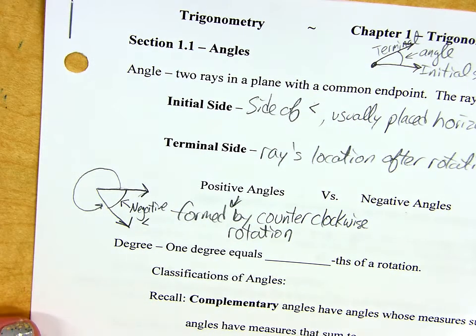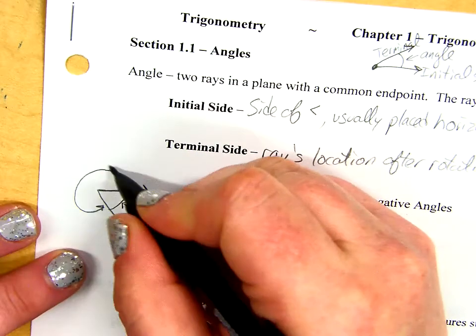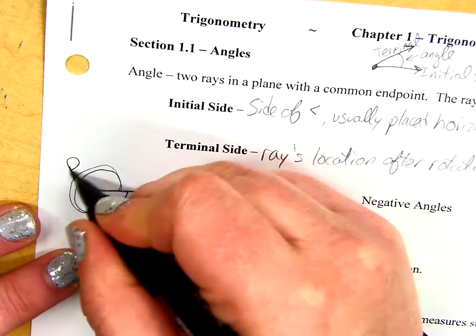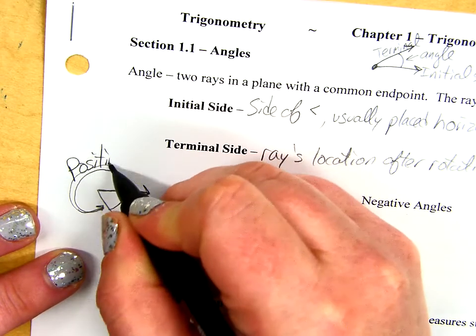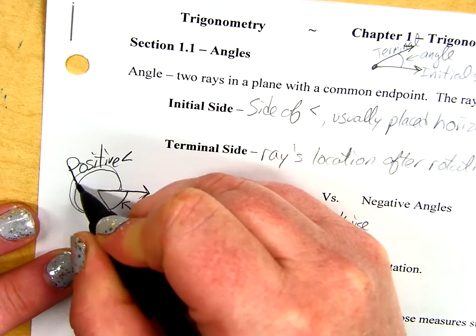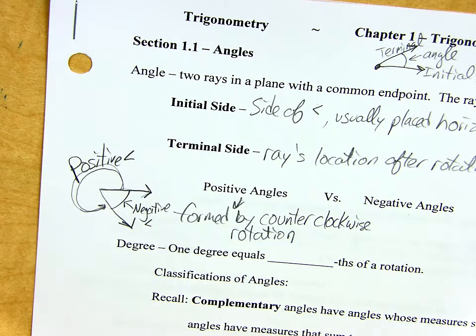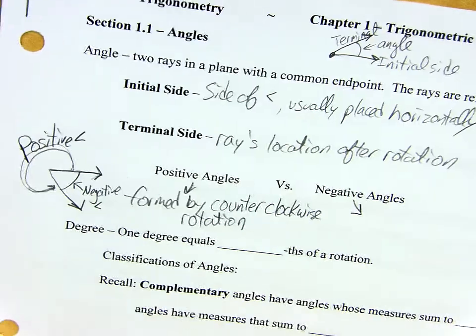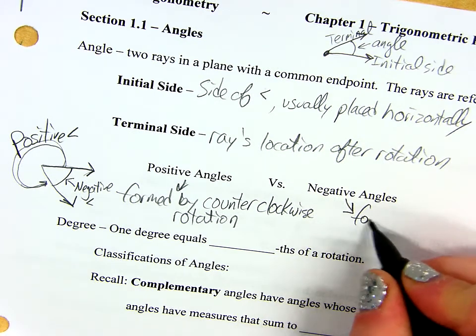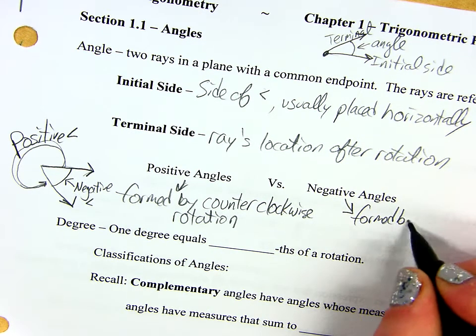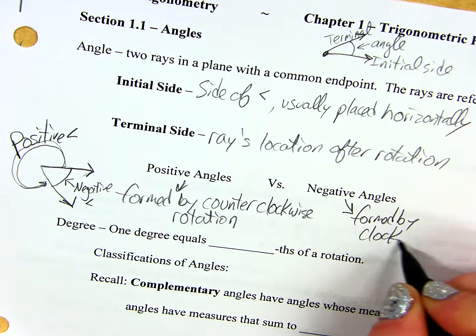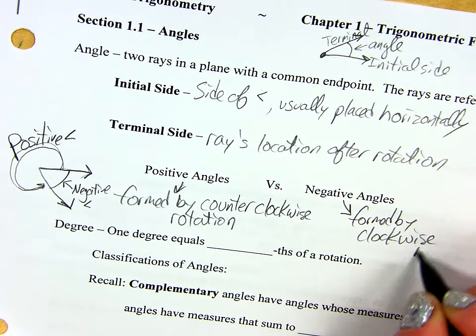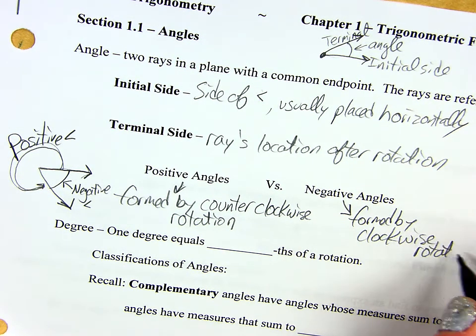Oh wait, but I want positive. Oh shoot, sorry. This angle is referred to as the positive angle. Sorry. So my negative angle, I'm going to get that by going clockwise, obviously. Formed by clockwise rotation.